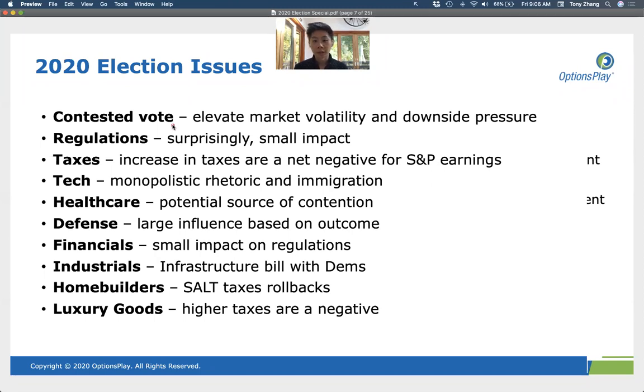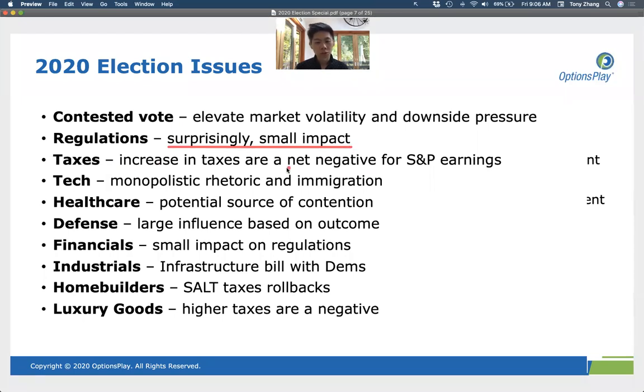Now, when we look at regulations, taxes and regulations are really one of the areas where Democrats and Republicans are pretty much diametrically opposed. So we did want to take a look at how regulation and taxes affect the earnings of the S&P 500. And what we've noticed in our research is that it's a surprisingly small impact from a regulations perspective.